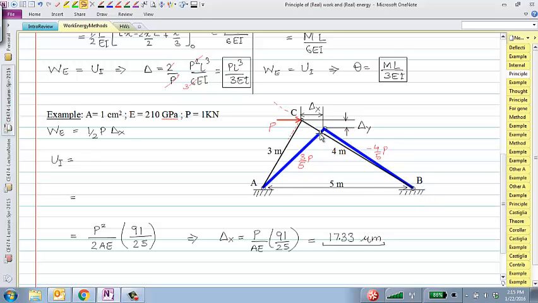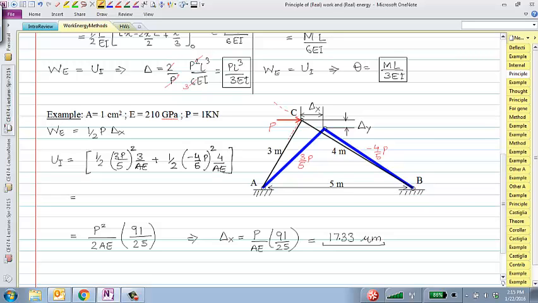So if I know these are the internal forces in these truss members, then I should be able to calculate the internal energy stored, which should be half times 3 over 5 P square L, which is 3 meters, over AE, plus half times minus 4 over 5 P square L, which is 4 meters, divided by AE.